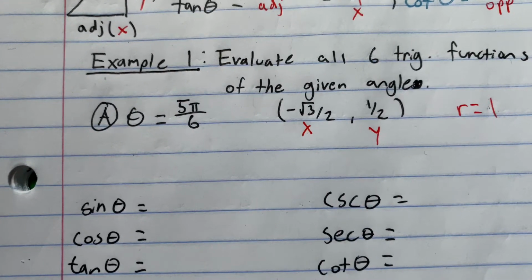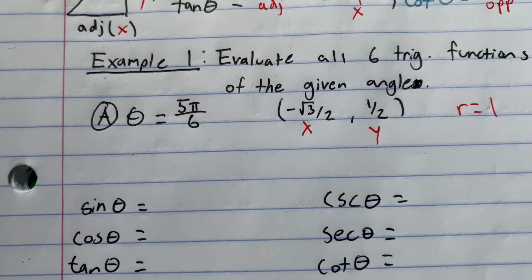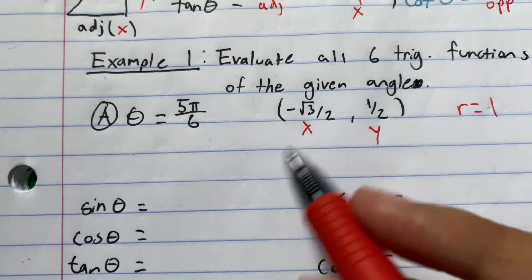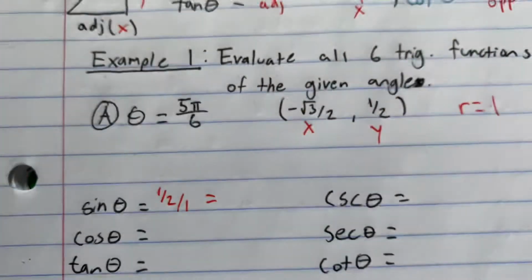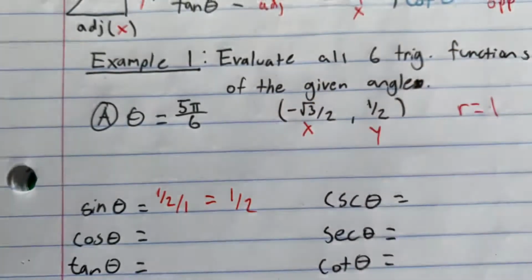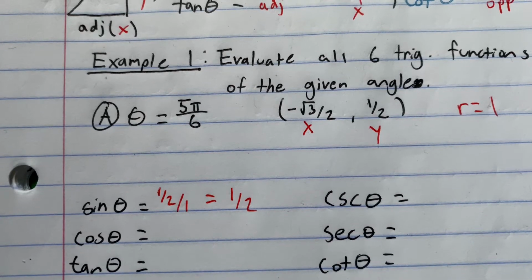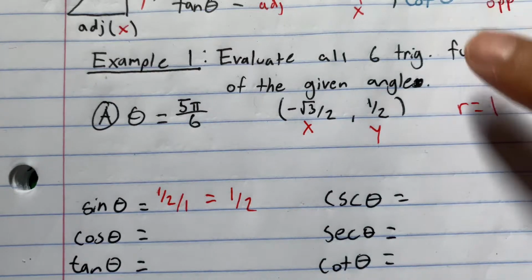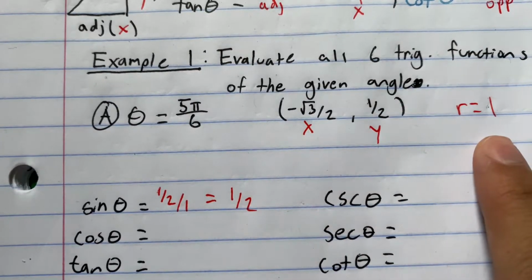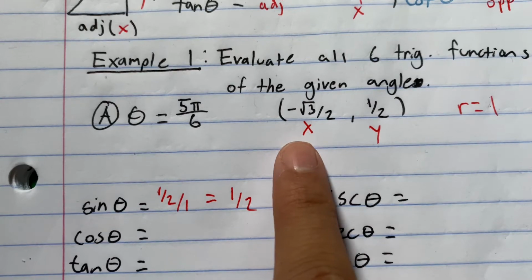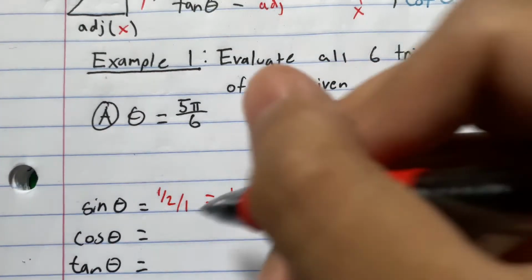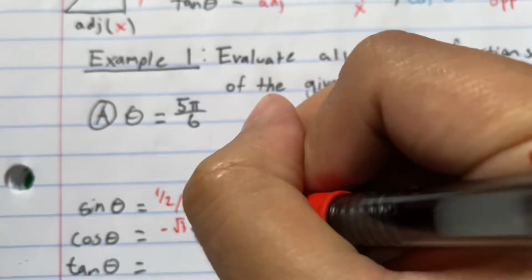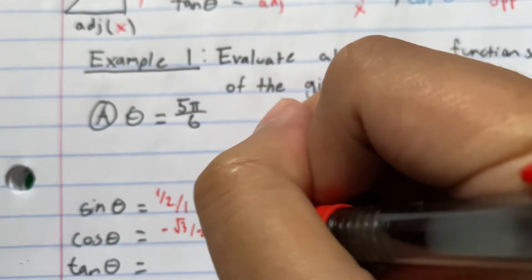So sine is y over r. So 1/2 over 1, which is 1/2. Easy enough. My cosine is x over r, so negative square root of 3 over 2 divided by 1 will just give me negative square root of 3 over 2.